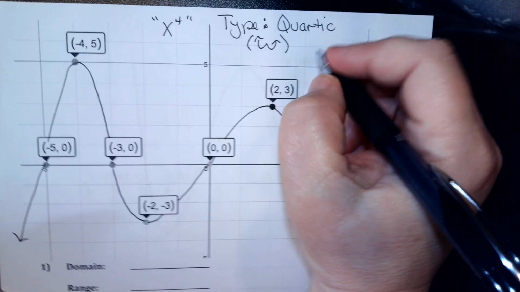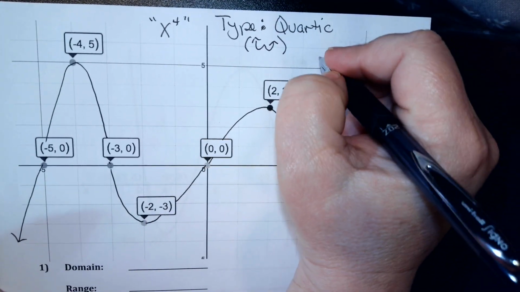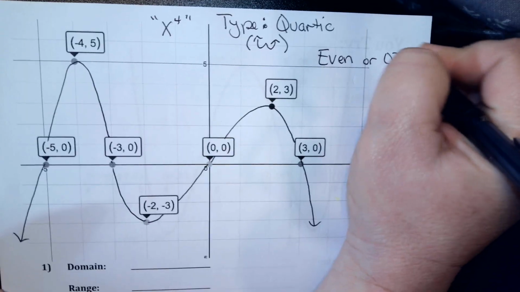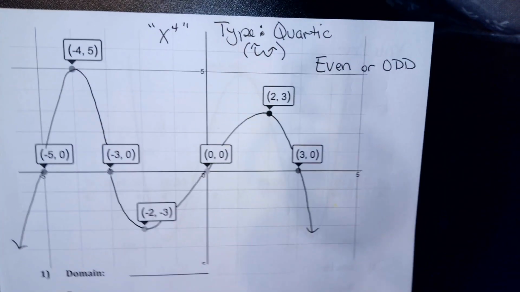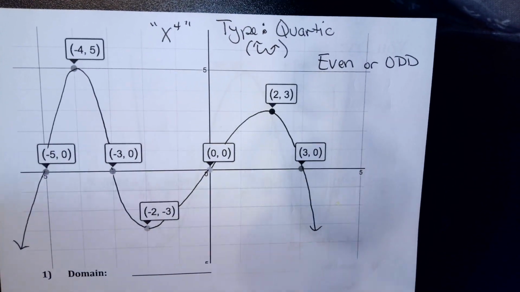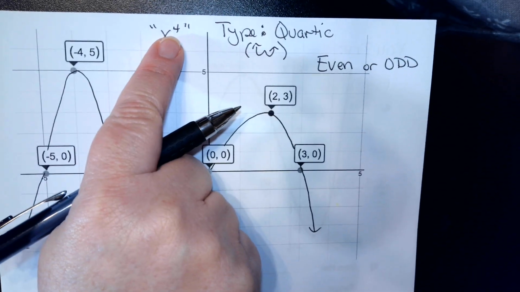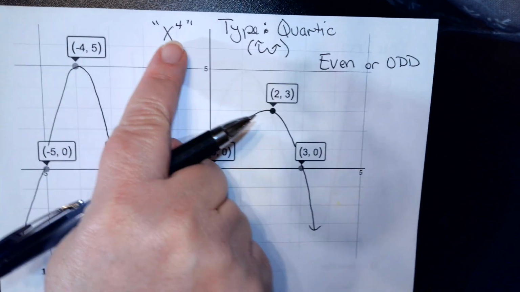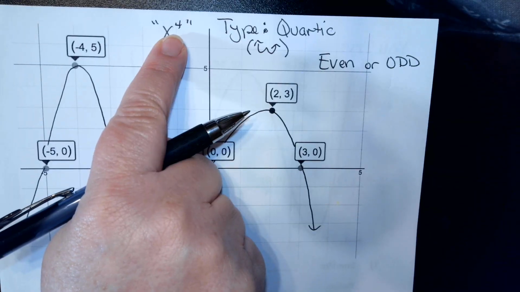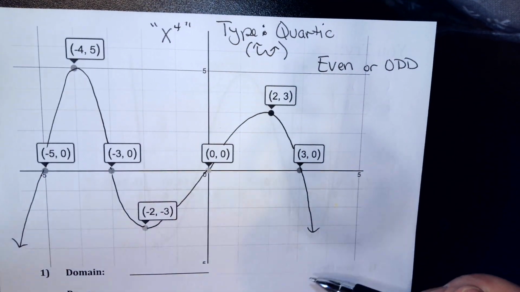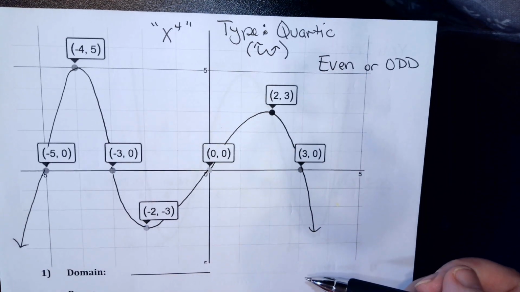We want to start off by determining whether this is an even or an odd degree function. Notice I said even or odd degree, so we want to know what kind of exponent this is. I already know since I recognize the shape: the biggest exponent is a 4, so that would be even. But we can also recognize this as an even degree function for one simple thing.